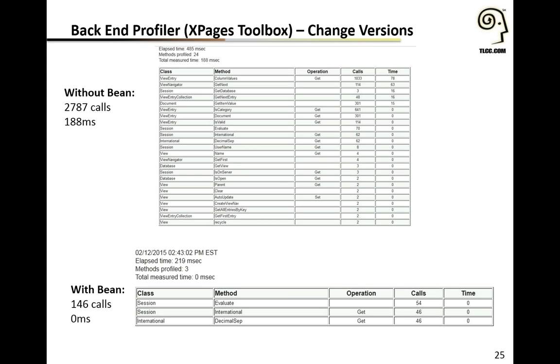Now, with the bean, I should theoretically have 0, but because I had that @ function I was using in my repeat, which is something I didn't notice before, that actually is making calls to my Domino backend objects. And it made 146 calls. So basically it went down to almost 0. It's taking 0 milliseconds, but it's still calling some Domino backend objects just because I had that @ text in there.